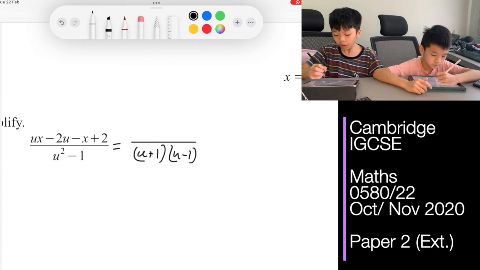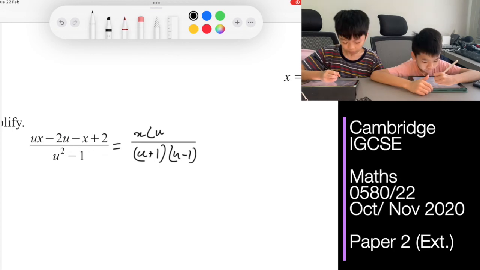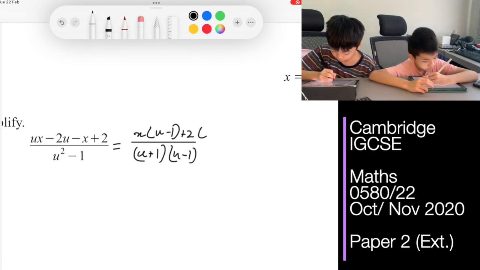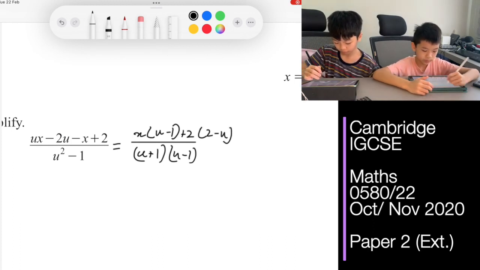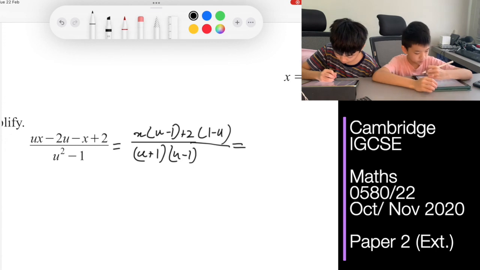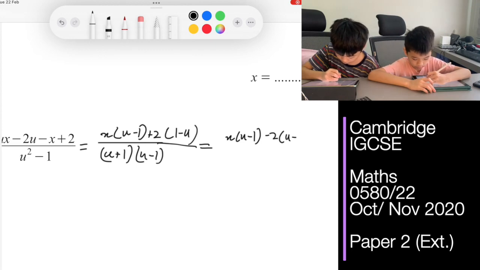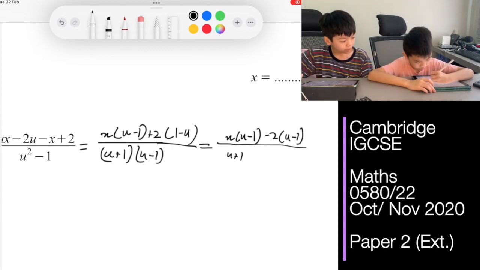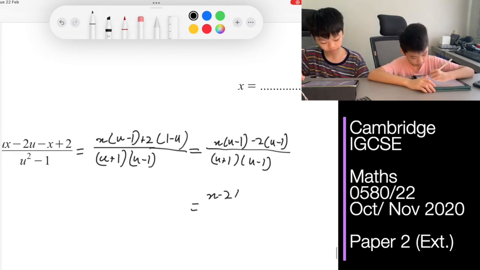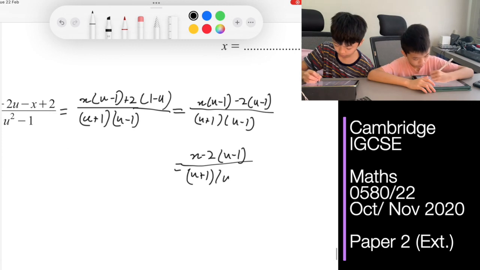The top part is x times u minus 1 minus 2 times u minus 1, over u plus 1, u minus 1, which is equal to x minus 2 times u minus 1 over u plus 1 and u minus 1.